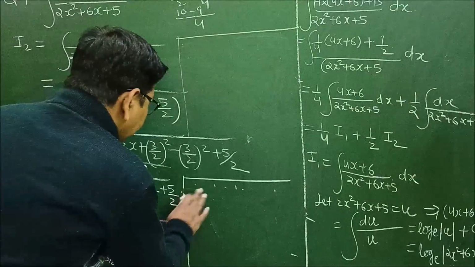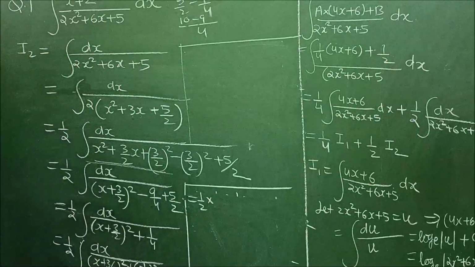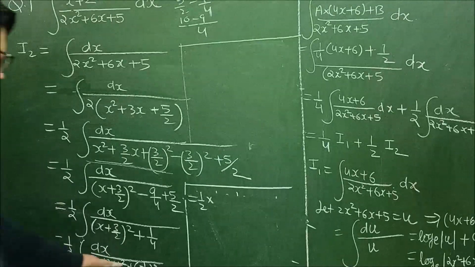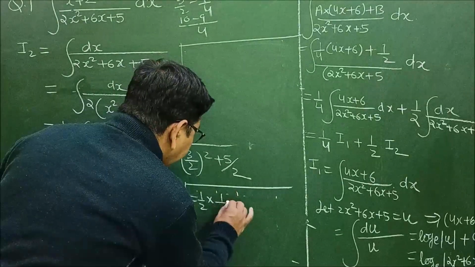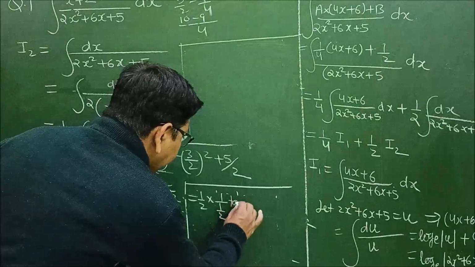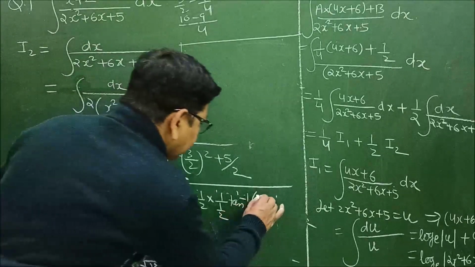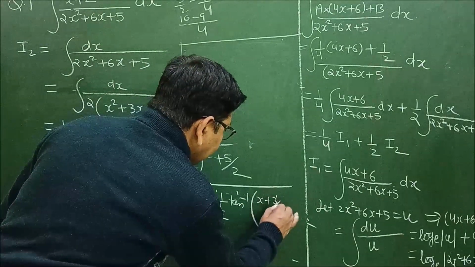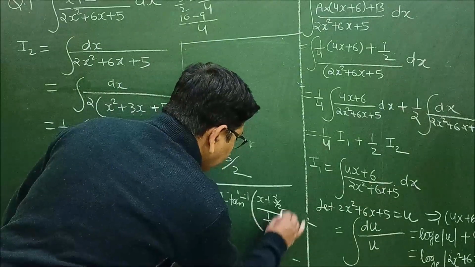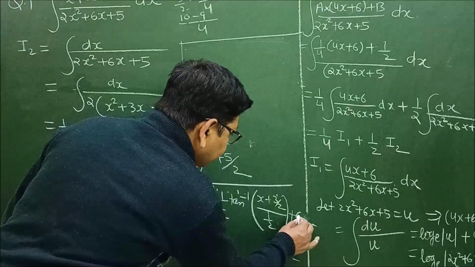So this is equal to 1 upon 2 into 1 upon a tan inverse of x upon a, where the value of a is here 1 by 2, and x is here x plus 3 by 2, plus a constant c2.